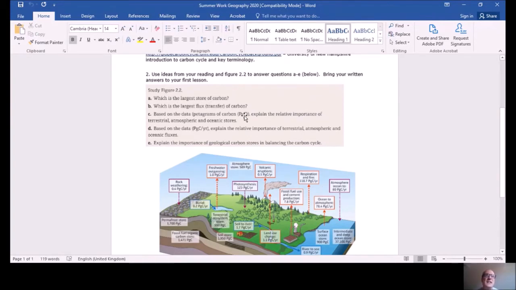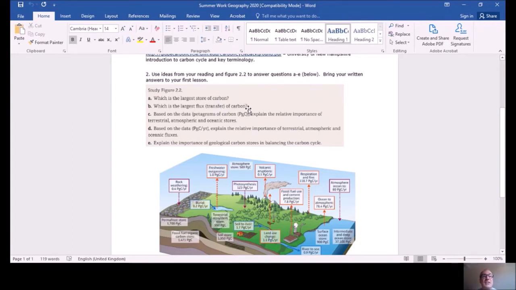So if the carbon remains in a part of the Earth system, we call it a store. If it's flowing between 2 different parts of the Earth system, we call it a flux or a transfer. So a flux, flow, transfer, but we'd like you to use the word flux. So we're wanting you to identify the stores and the fluxes and start to use that sort of terminology.